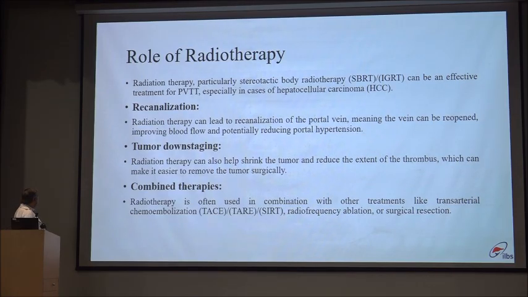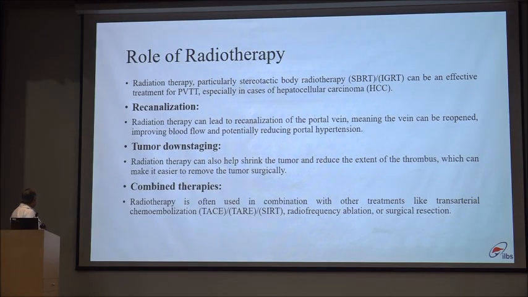Radiation therapy can lead to recanalization of the portal vein, meaning the vein can be reopened, which improves blood flow and potentially reduces portal hypertension. It can downstage. Radiation therapy can also help in shrinkage of the tumor and reduce the extent of the thrombosis, which can make it possible to remove the tumor surgically.